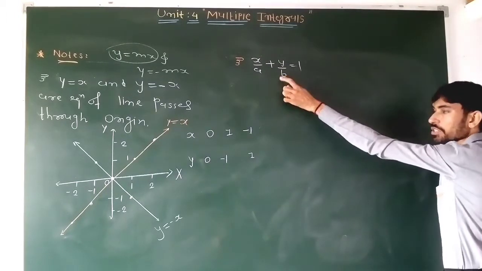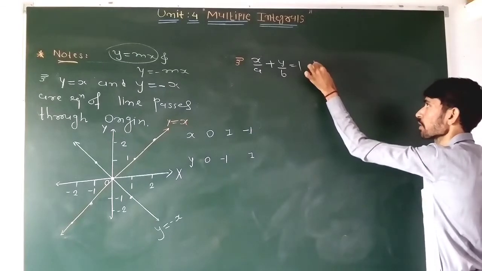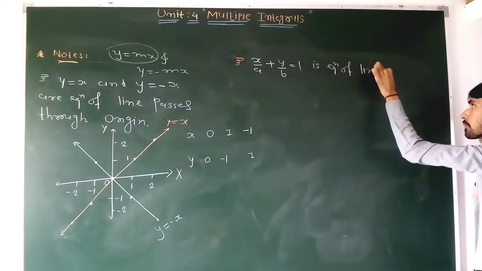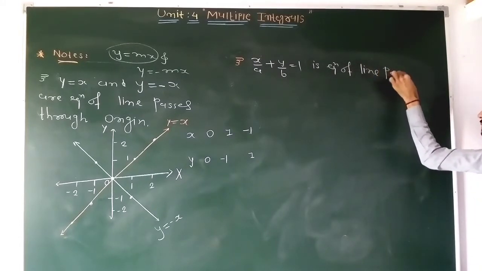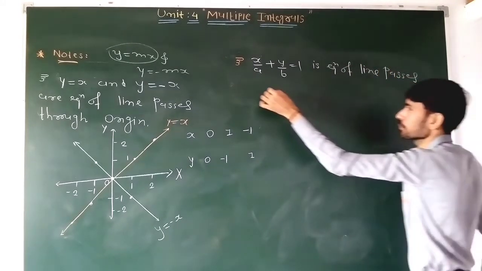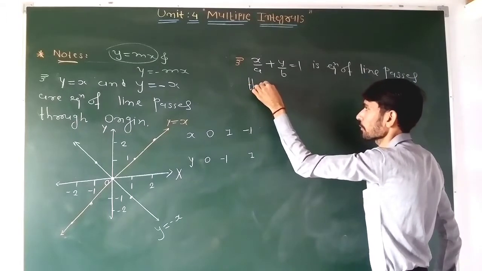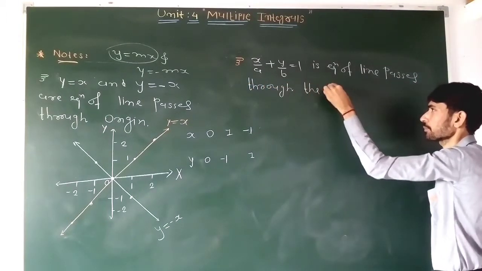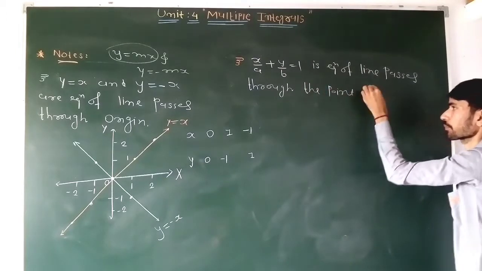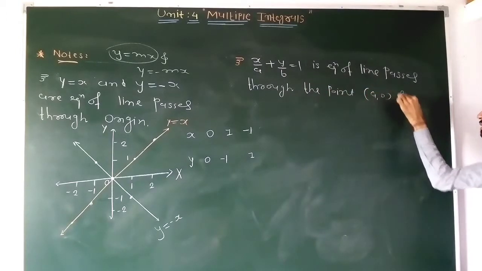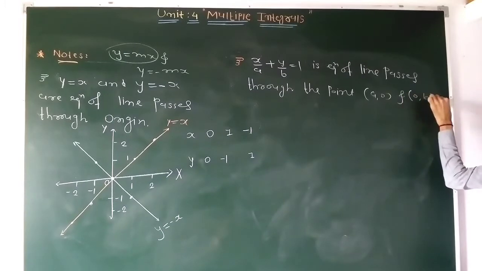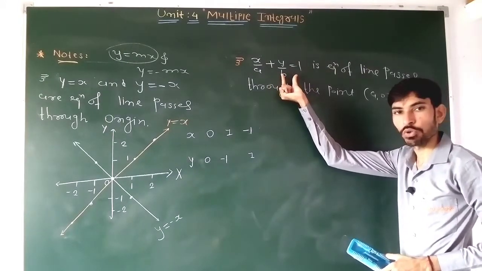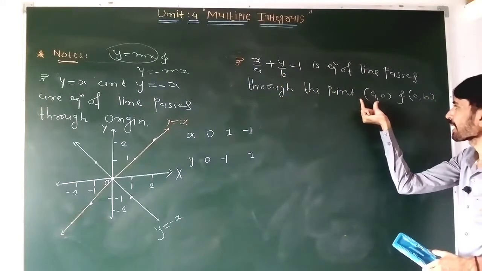So x upon a plus y upon b is equal to 1 is the equation of a line that passes through the points A 0 and 0 b.